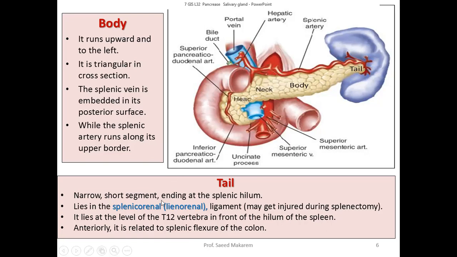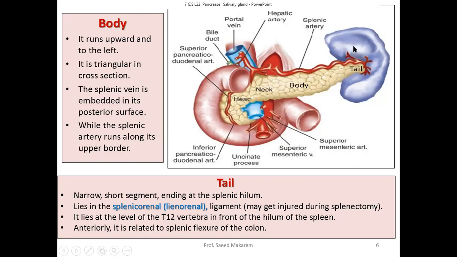It lies in a very important ligament called the splenorenal ligament, or it is also called the lienorenal ligament. Lienal means also the spleen. The splenorenal ligament, or lienorenal ligament, is very important clinically because it may get injured during splenectomy.